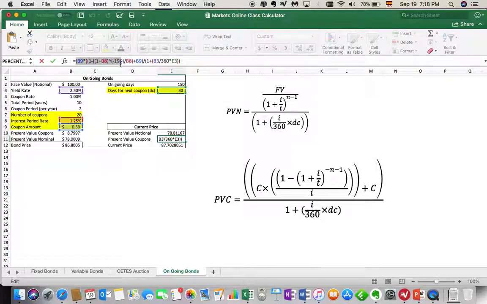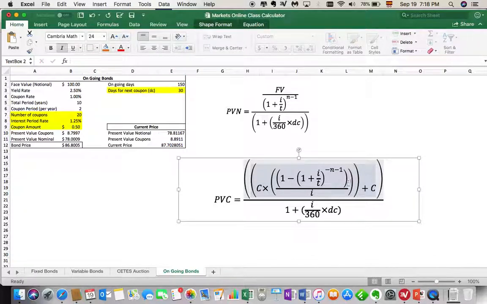Got it? Now, we're going to add one coupon amount. Why? Because in the first period it also pays one coupon. We're still receiving 20 coupons, and in this part of the formula we only calculated it for 19 coupons.